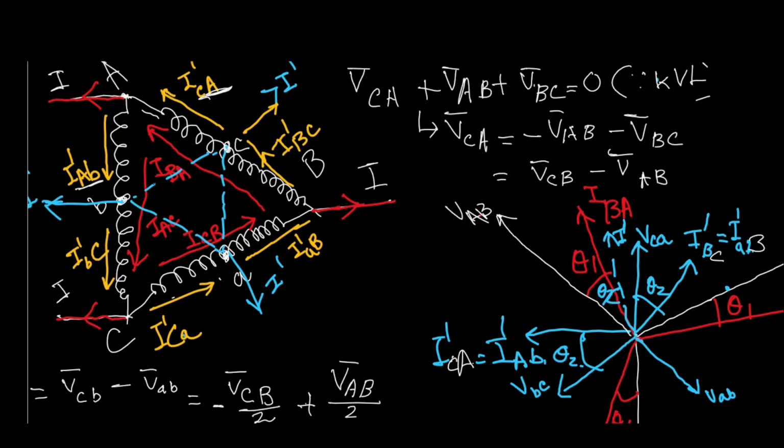Now their resultant should give us the current. However, we are not going to find out their resultant, because if you just subtract this I dash CA from this one, then you should get I dash. But we are not going there.